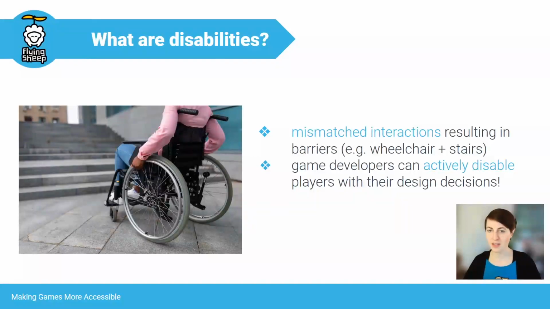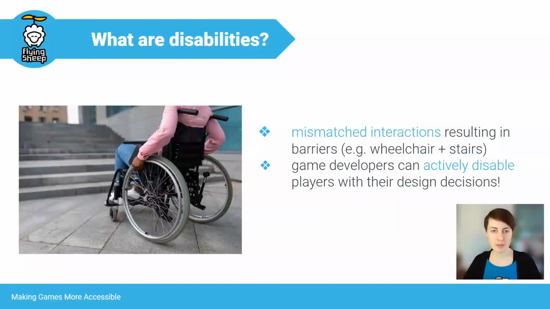The person in this scenario is not disabled because of their medical condition, but because the environment was not designed with them in mind. And that also means that game developers can actually actively disable players. But we can also enable them with the design decisions that we make. And that's where accessibility comes in.